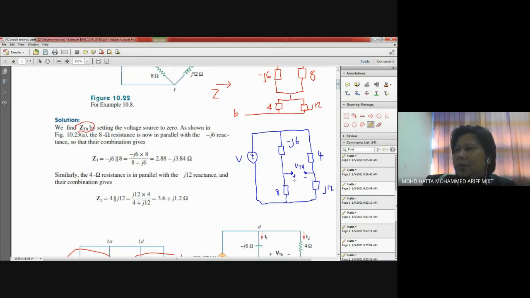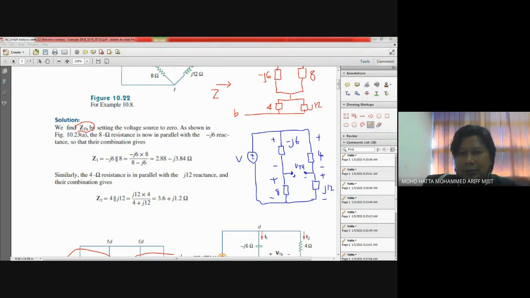Here we know that VTH is basically not the voltage drop across here. And this is not also the voltage drop across here. And we cannot also say that VTH is the voltage from top over here up until this 8 ohm resistor. We cannot say that.